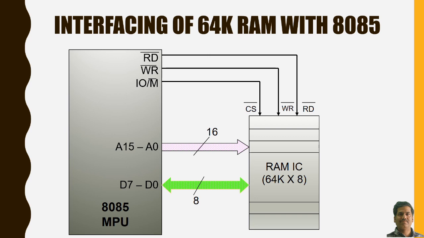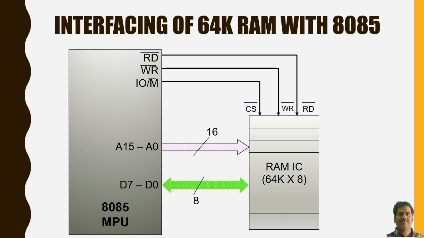So RD bar of 8085 is connected to the RD bar of the RAM IC. WR bar is connected to WR bar. IOM bar is connected to CS bar. So the memory IC chip is selected only when it is a memory operation, that is when IOM bar goes low.